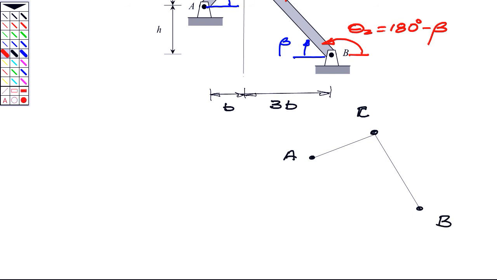So the force that I'm going to draw in first here is going to be the load that's carried by member 1. That's called F1. And then the load that's carried by member 2 is along the line CB. That's F2. And to repeat the angles that we have drawn above, this is going to be the angle beta, defined above. This is going to be the angle alpha, defined above.